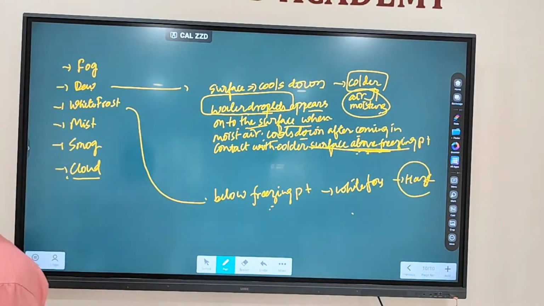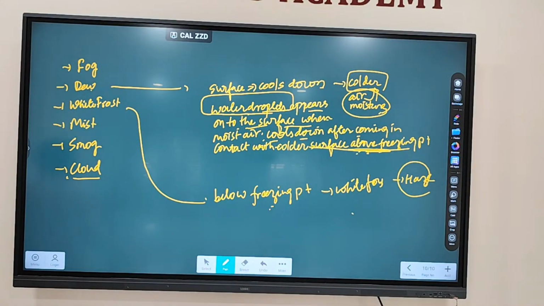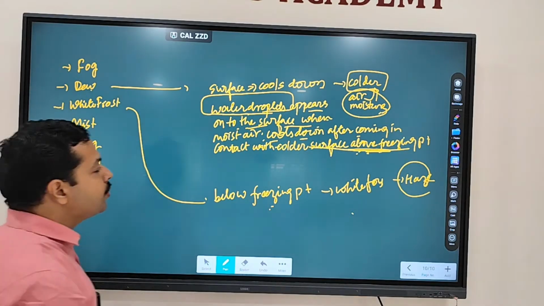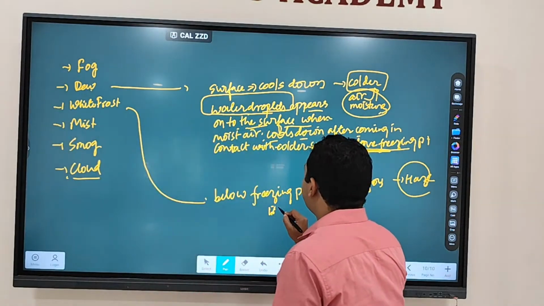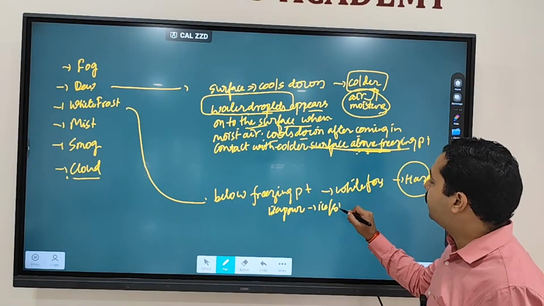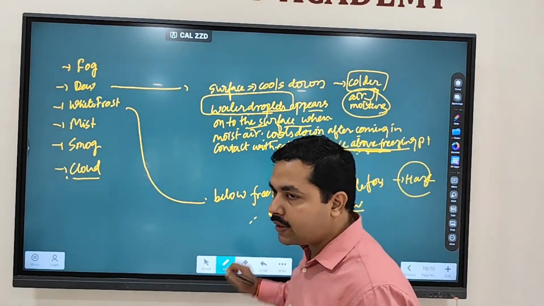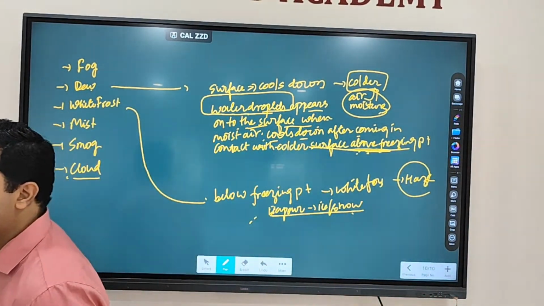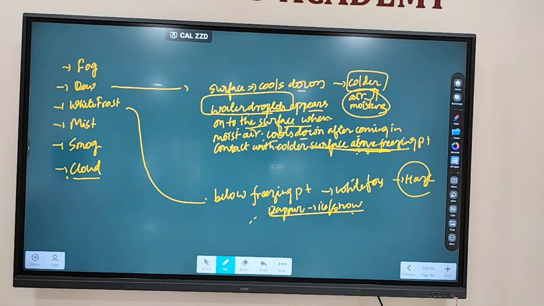So the only difference between dew and white frost is what? In dew, condensation is taking place above freezing point. In white frost, what is happening? Condensation is taking place below freezing point. Fine. So here what is going to be formed? The vapor is directly converted into what? Ice or snow. So vapor is directly converting into ice or snow because condensation is taking place below freezing point.